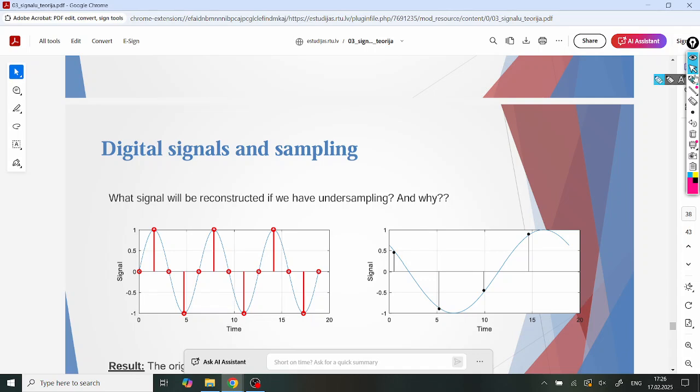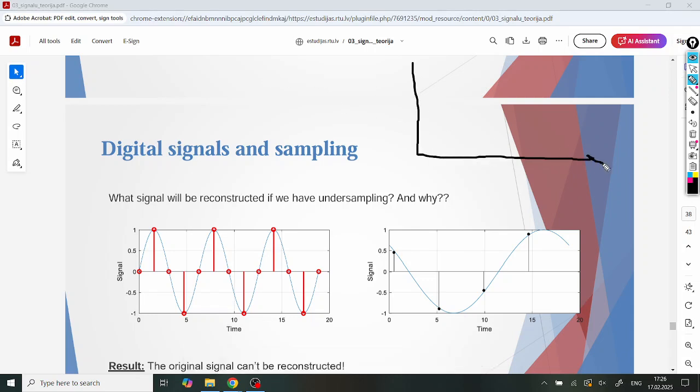Now this is exactly the aliasing effect. What's that? So here we have the spectrum, here we have selected some maximum frequency, which is our Nyquist frequency, or half of the sampling frequency.